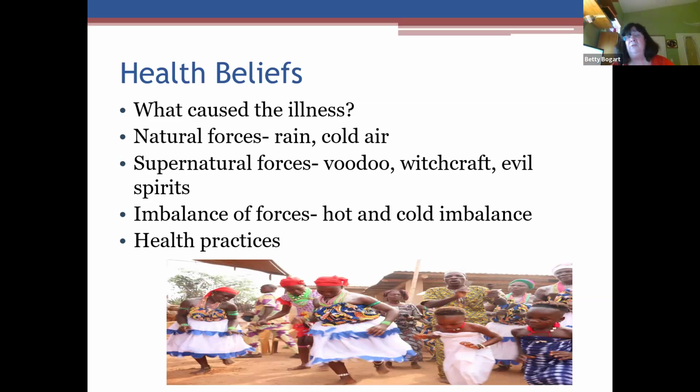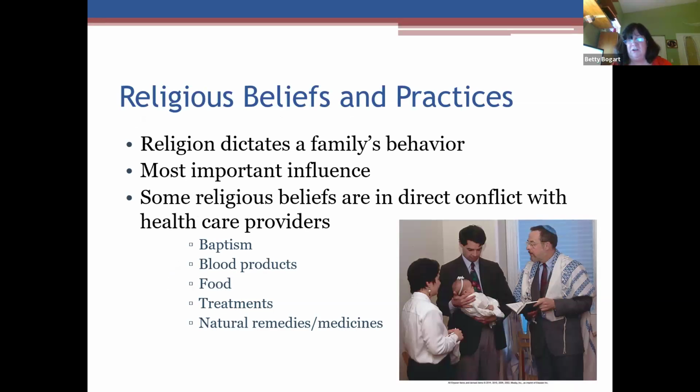Hot and cold. I know some religions, or even cultures, believe that you shouldn't be walking on tile floors without socks on because it's going to make you sick. There are so many things that I've heard, and I talk to these parents regarding these things.